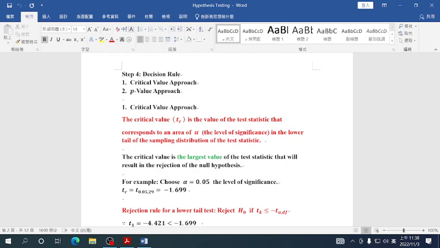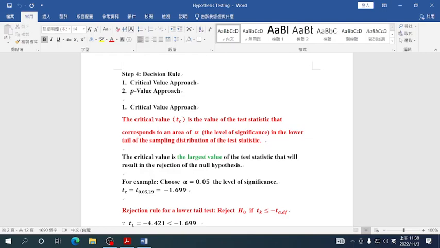All the rejection region is in the tail area. This is on the right-hand side. This is on the left-hand side. And the critical value is also a test statistic, although it corresponds to the level of significance only. All these are test statistics.